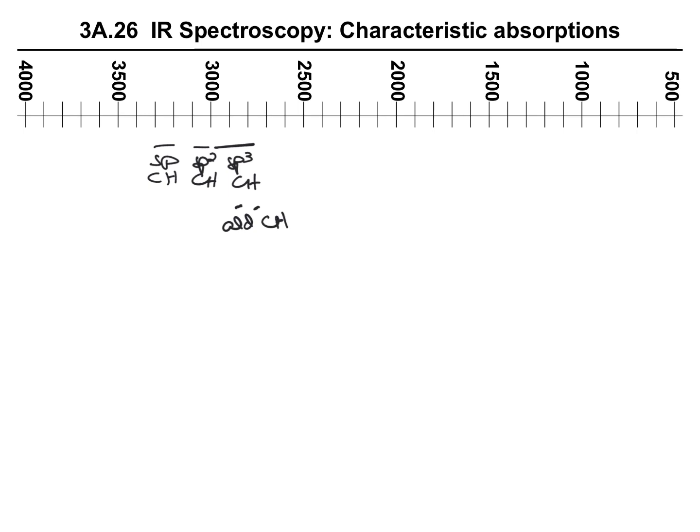Our amine NH is going to show up around here. Our alcohol OH is also going to show up around here. So specifically an alcohol OH, and an acid OH is going to show up all the way around here.